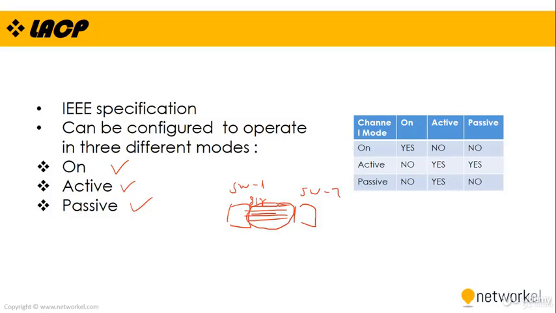If I'm choosing the channel mode on, for example, for switch 2, I should use on just. If I'm using active on this side, I need to choose active or passive. And if I'm choosing passive, I should use active on the other end.